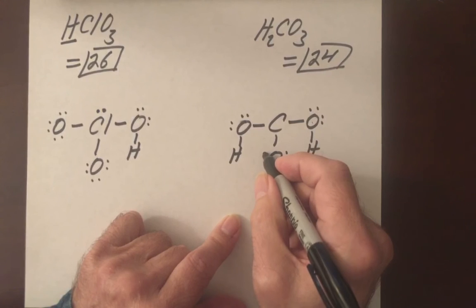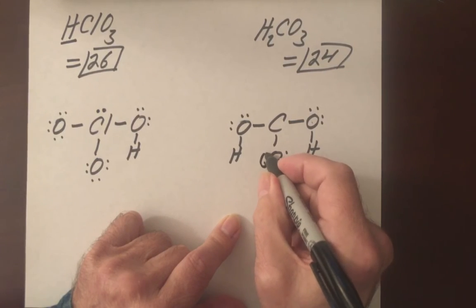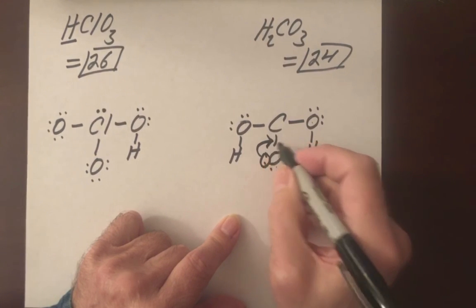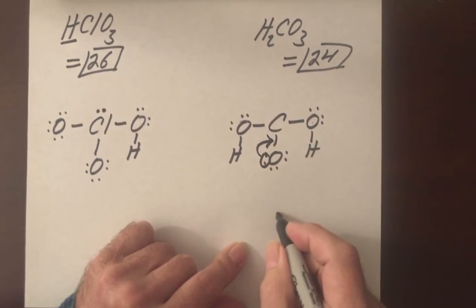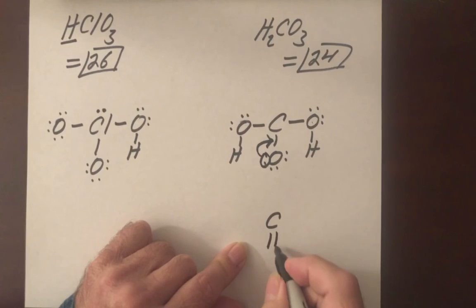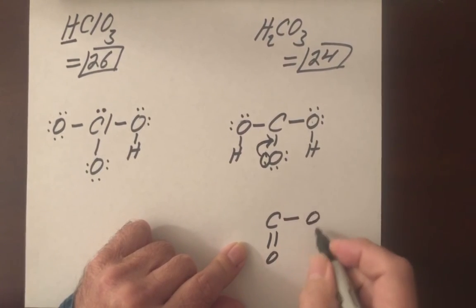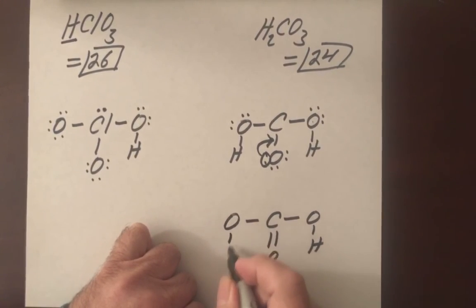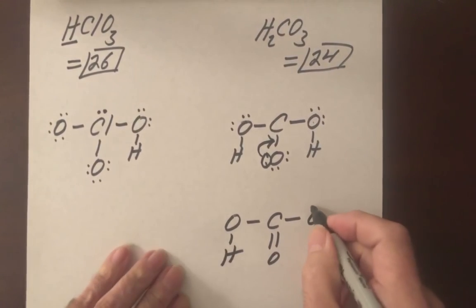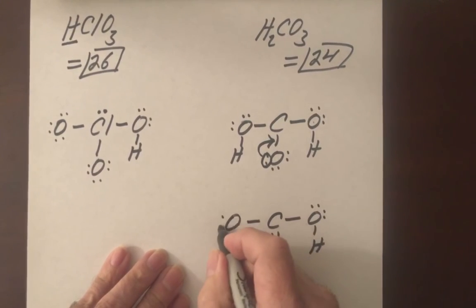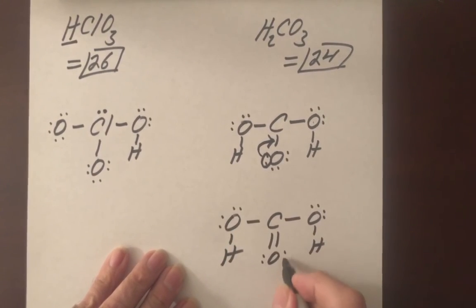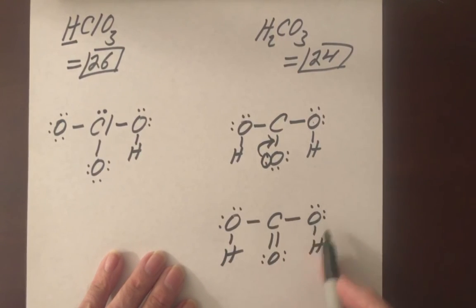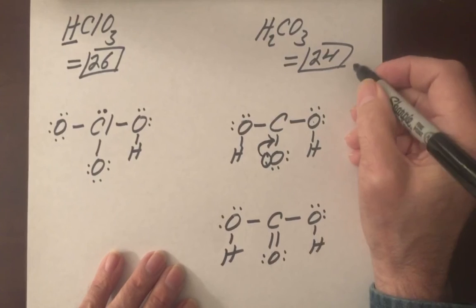Pick the other oxygen. So one of this oxygen's lone pairs will form an additional shared pair with the carbon. So let me rewrite it down here. So now every atom is surrounded by 8, and we've used 24 electrons.